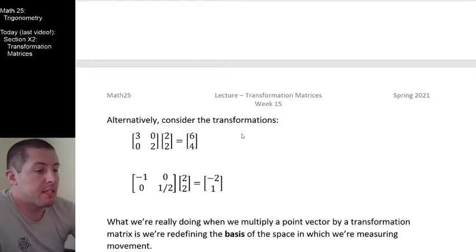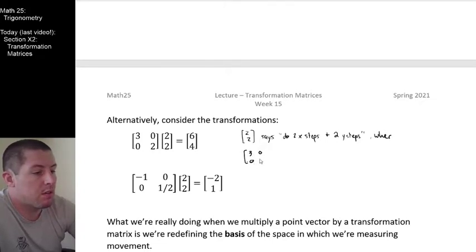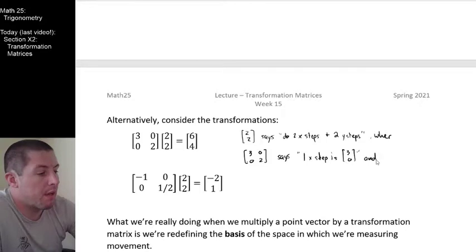So what I'm thinking here is that this 2, 2 says do 2 x steps and 2 y steps, where 3, 0, 0, 2 says 1 x step is really 3, 0, and 1 y step is 0, 2.